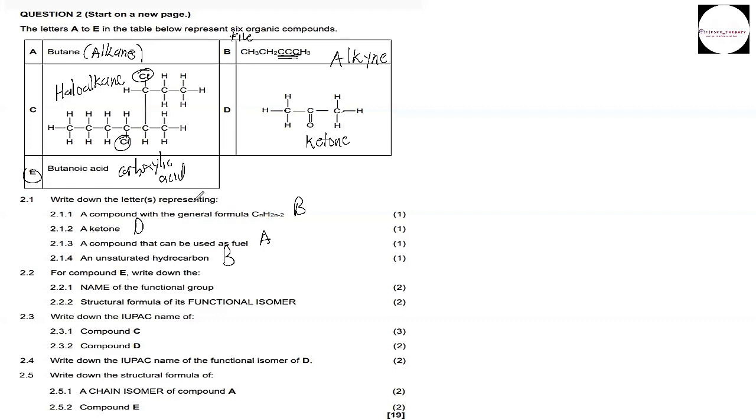Compound E is a carboxylic acid, and the name of the functional group for carboxylic acid is carboxyl group, right? And then now they're saying 2.2.2, structural formula of its functional isomer. We know that the functional isomer to the carboxylic acid is an ester, right?